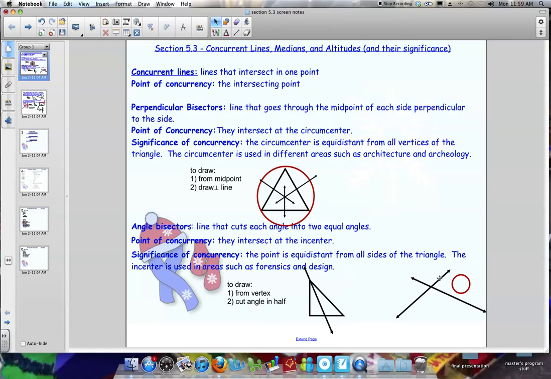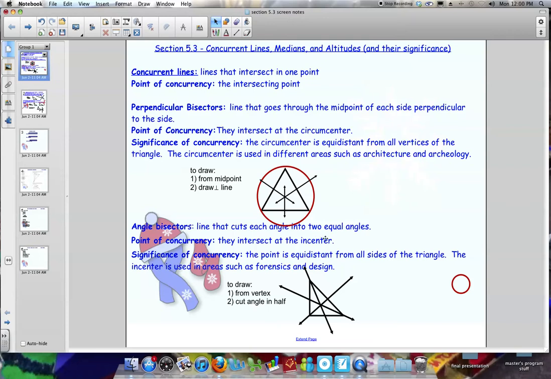I would draw a line that bisects this angle. And I would draw a line that bisects this angle. Notice once again, they all intersect at one point, making them concurrent lines. The angle bisector's point of concurrency is called the incenter.